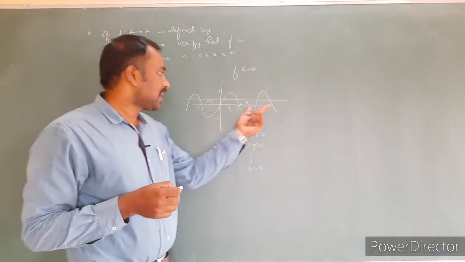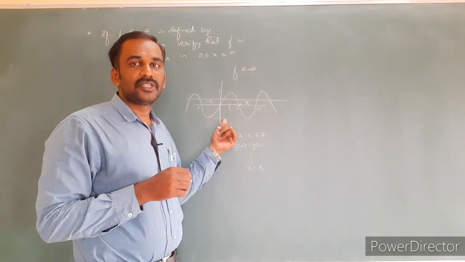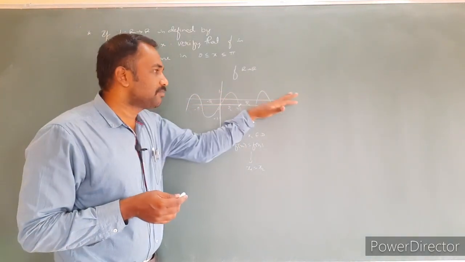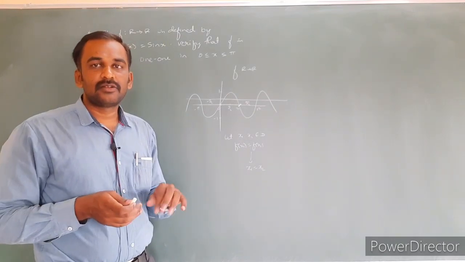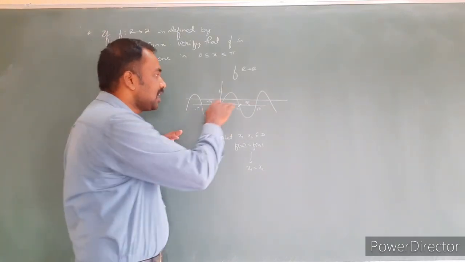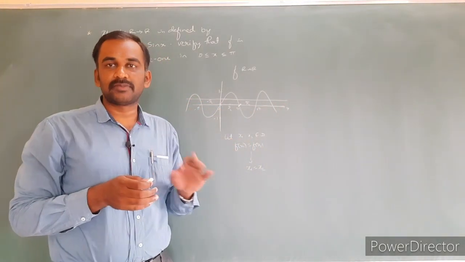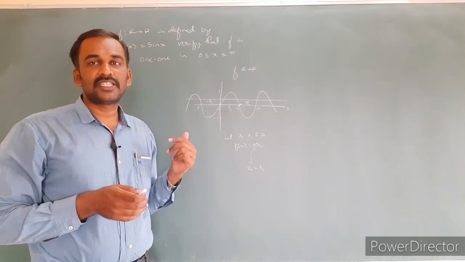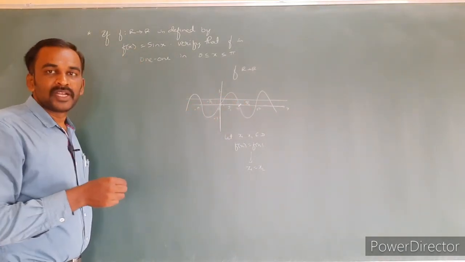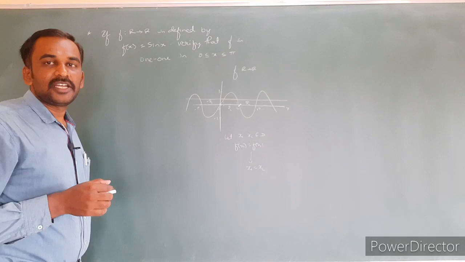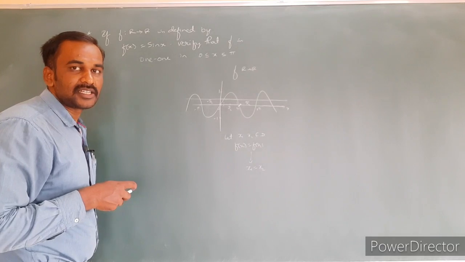As a short hint to determine whether it is one-one or not, if the line parallel to the x-axis intersects the graph of the function at more than one point, then it is not one-one. Why? Because at two different x values there is the same y value, the same range value, so the same image. That's why we can say that it is not one-one.